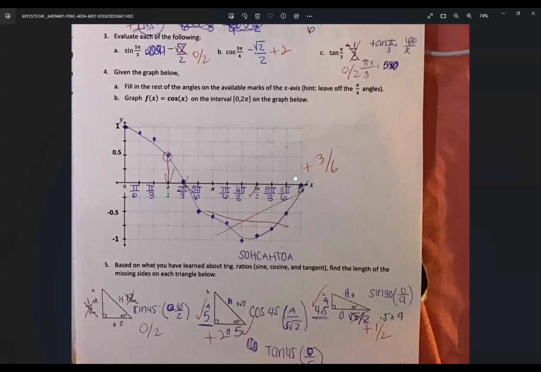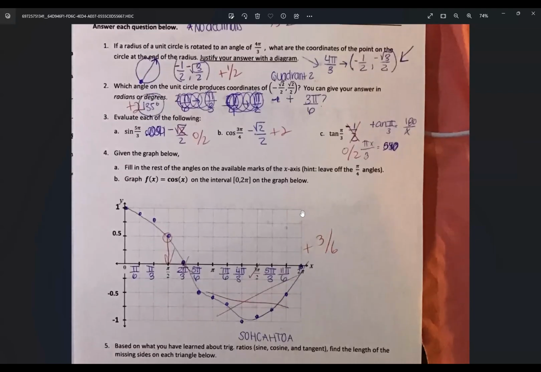Are you allowed to use the unit circle diagram on the quiz? He'll give us a blank one, and we fill out what we know. We can use it, but we just have to memorize it.